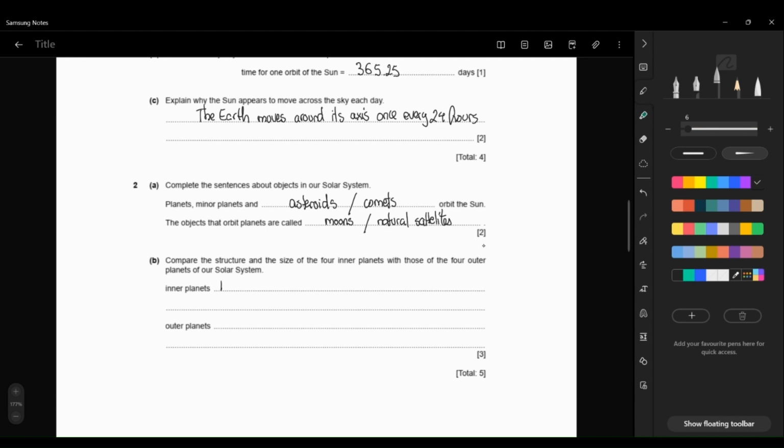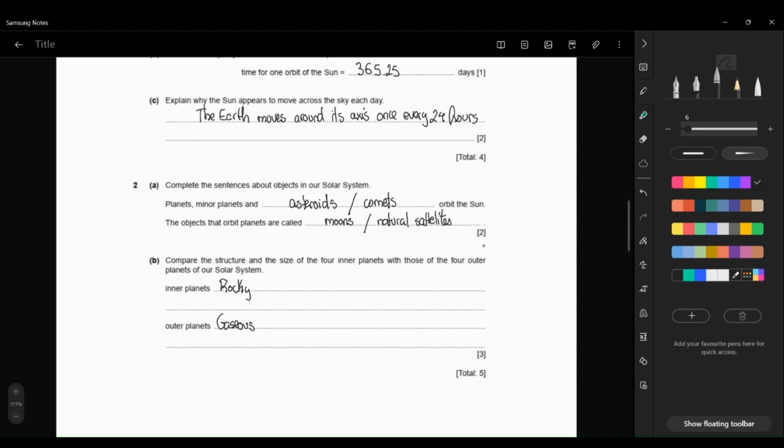They have a rocky surface. And the outer planets, Jupiter, Saturn, Uranus, and Neptune, are gaseous. They don't have a rocky surface. Also, inner planets are much tinier, much smaller than the outer planets.